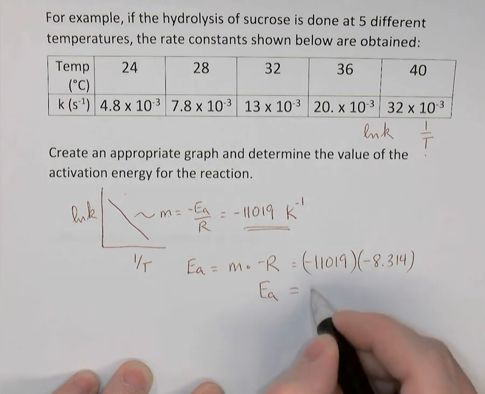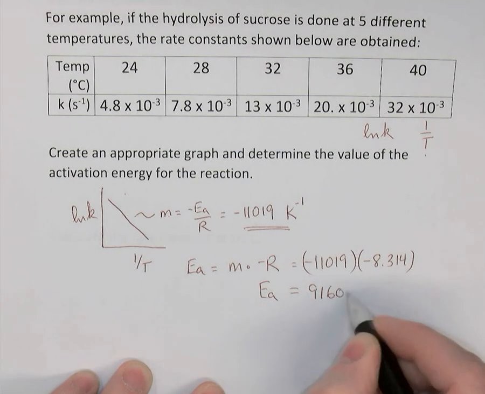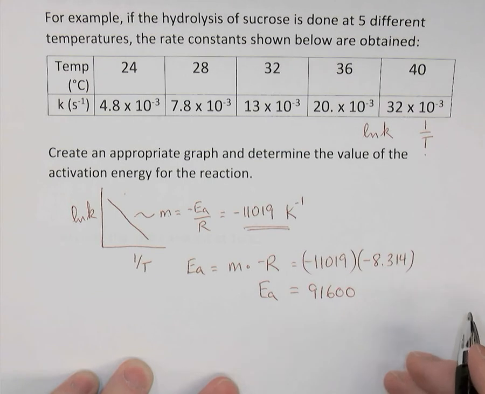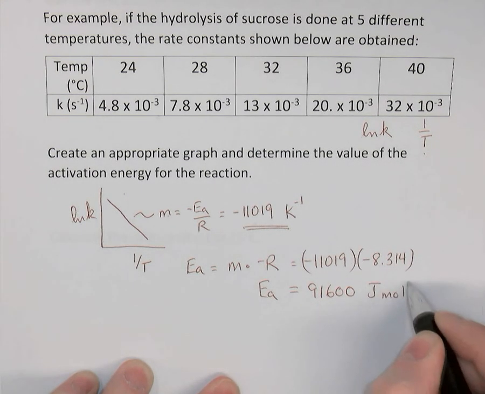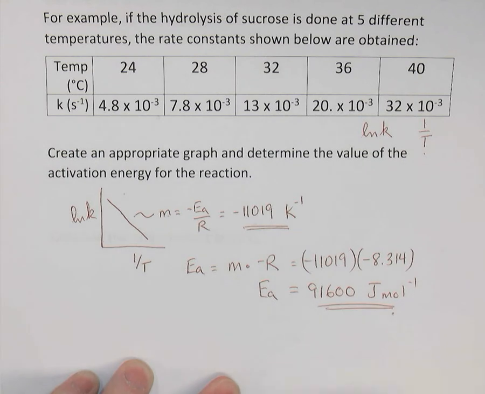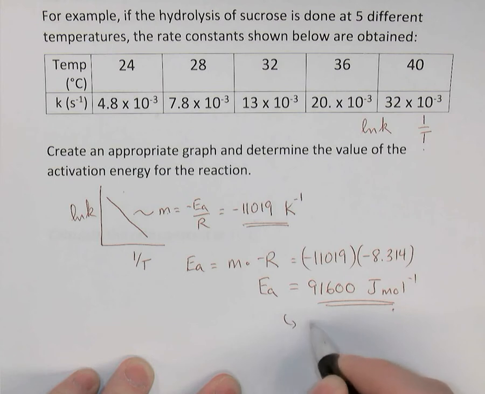We get a large number, 91,000, I'll just round it off, 600. Now it's so large because the units, you remember, are joules per mole. If we want to convert that by dividing by 1,000, we get 91.6 kilojoules per mole.